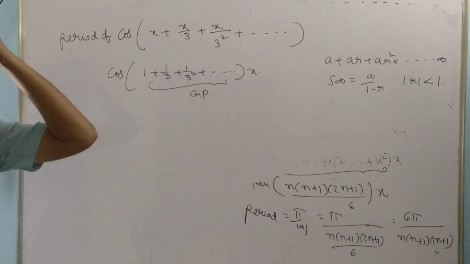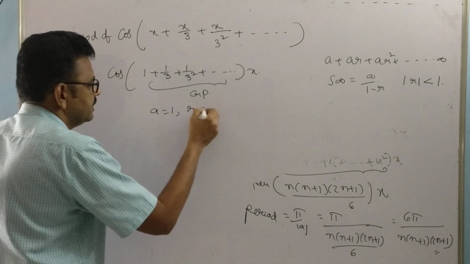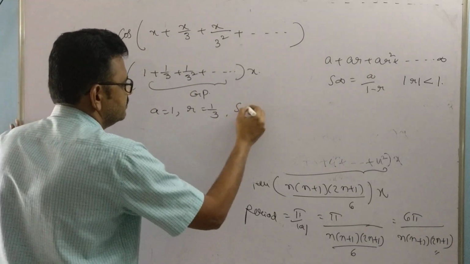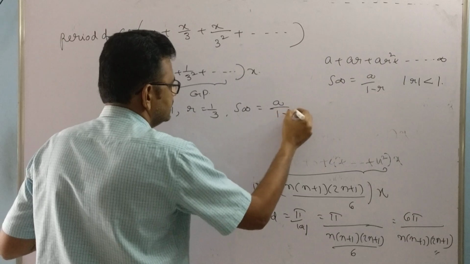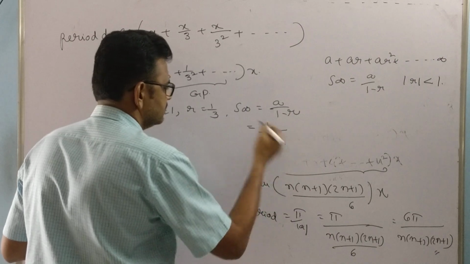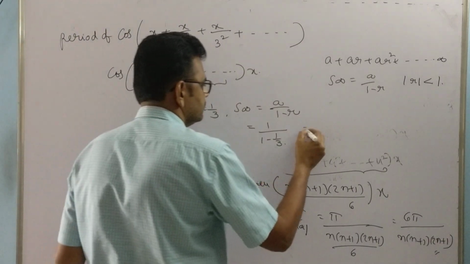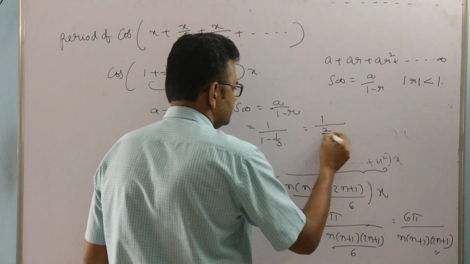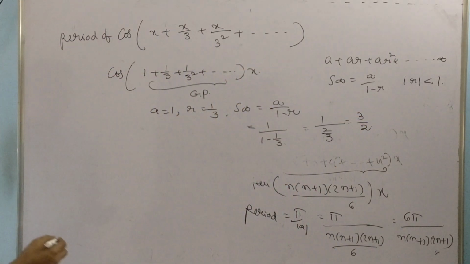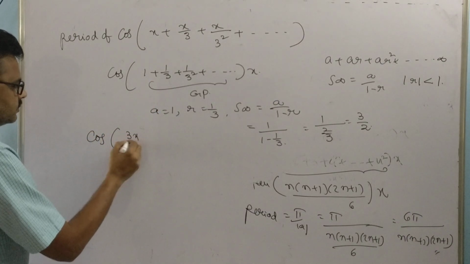Now here A is equal to 1 and the common ratio is 1 by 3. Therefore S infinity is A by 1 minus R, equal to 1 by 1 minus 1 by 3, which is 1 by 2 by 3, that is 3 by 2. Therefore this is cos of the whole thing, 3x by 2.